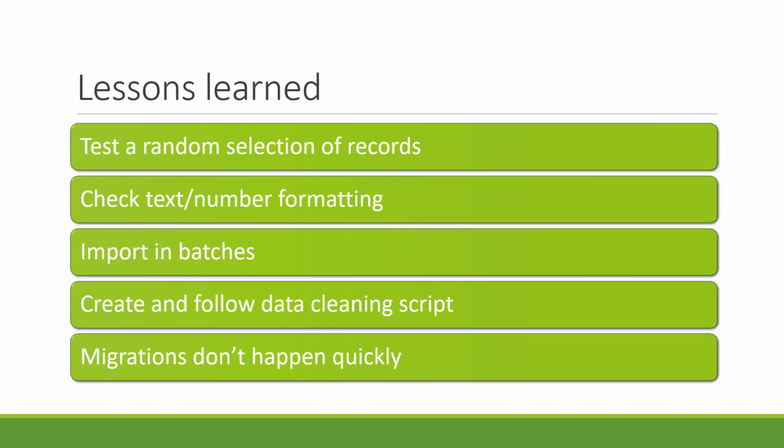Lastly, and I doubt this is a surprise to any of you, but migrations won't happen quickly. So don't be like me and be overconfident that you can import over 7,000 records without many speed bumps in an hour or two one evening. All things considered, I don't think it went too badly, beyond one very frustrating evening.